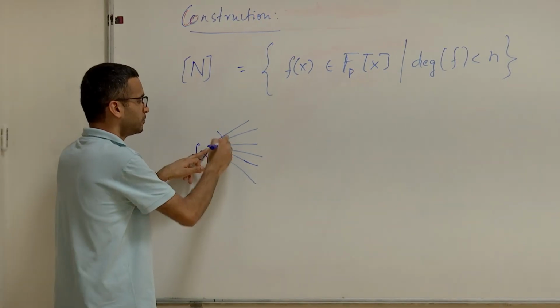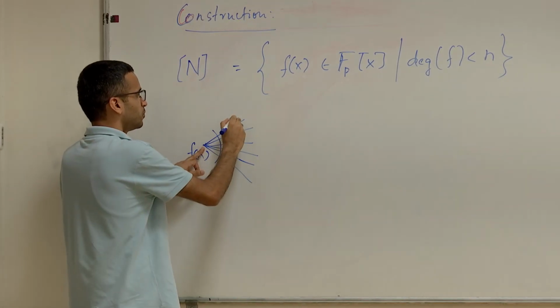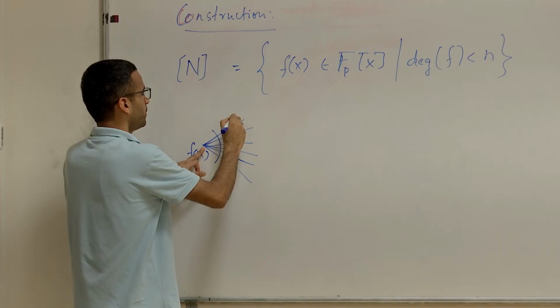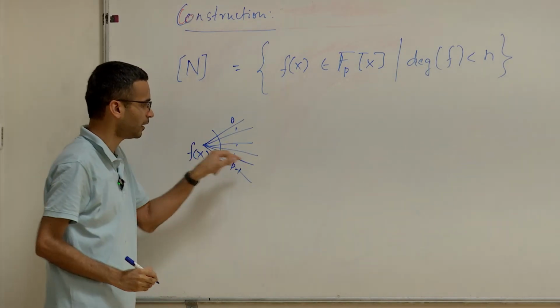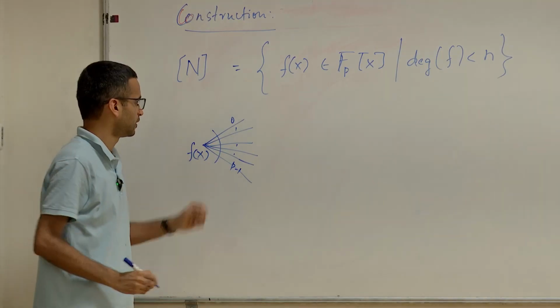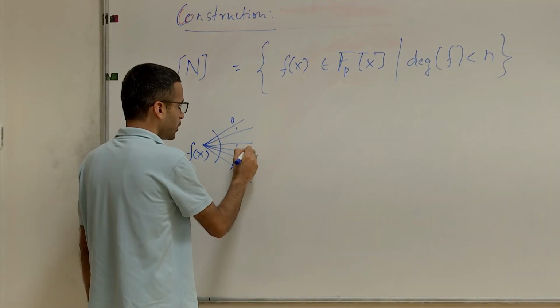So this guy has p neighbors and we are going to label them by elements of Fp. So 0, 1 up to p minus 1. Let me tell you what the edge labeled by alpha is.